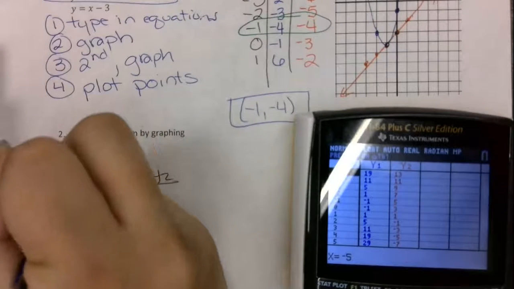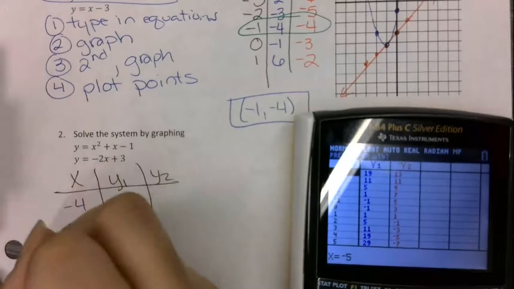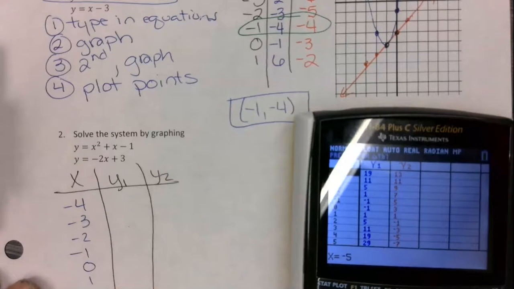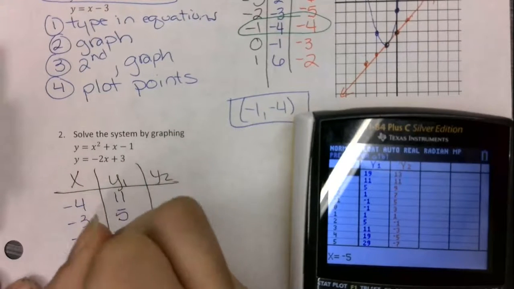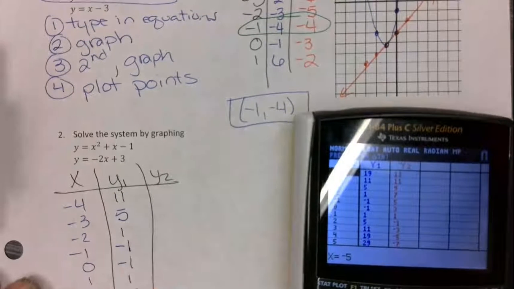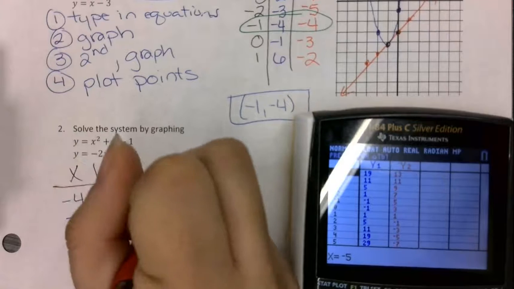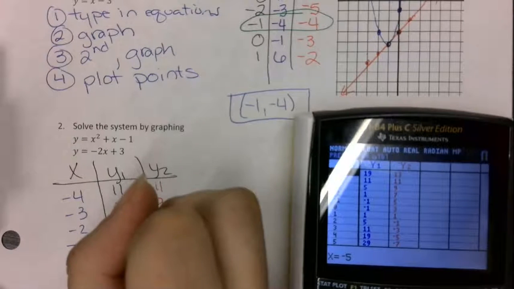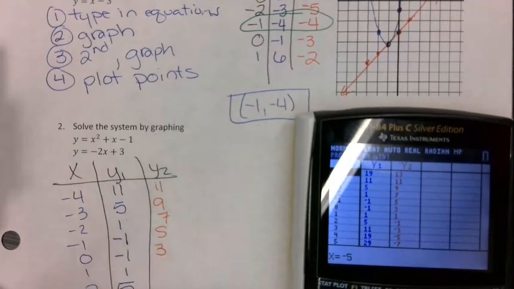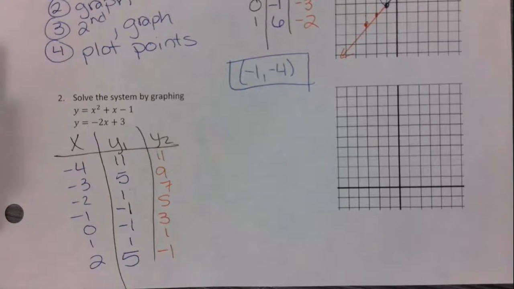Okay, so then I'm going to do -4, 2, 2. Okay, once I've written down all my points, I'm going to go and graph them, but I'll give you guys some time to copy them down.